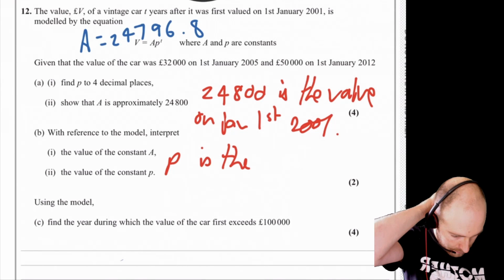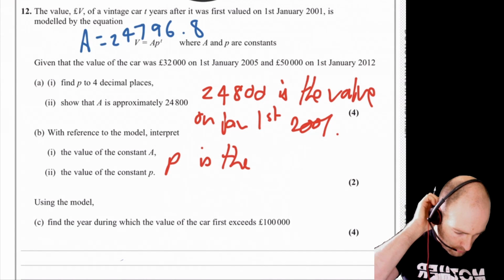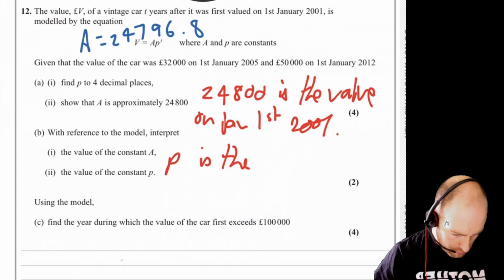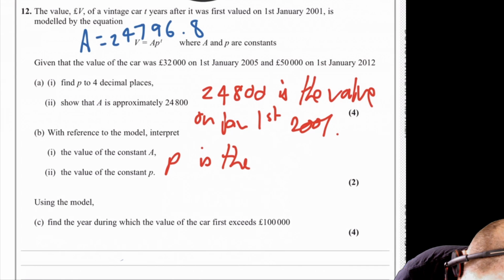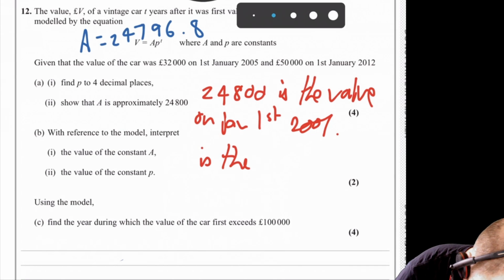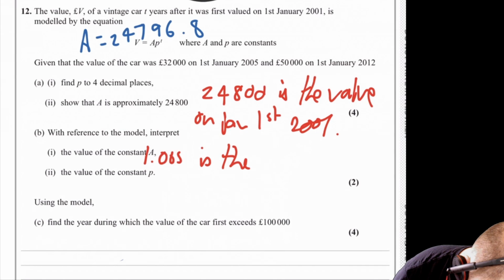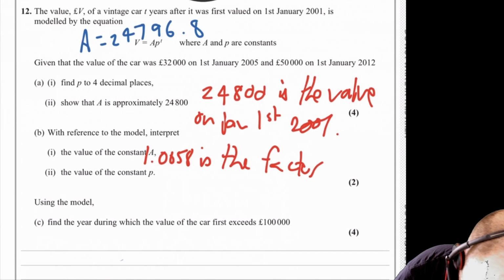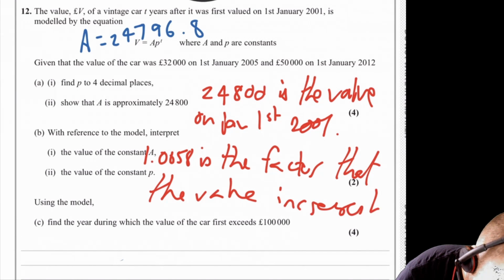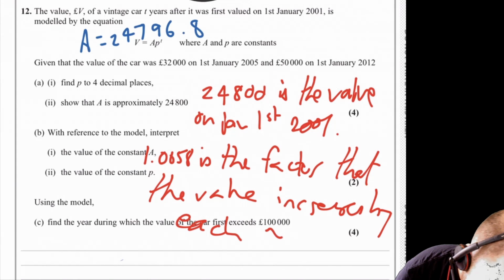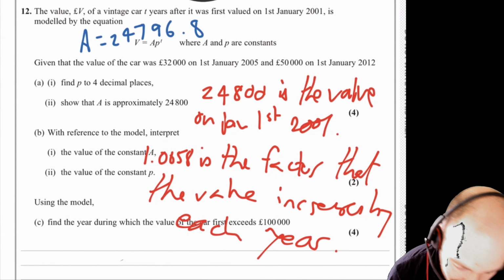What did we get? So 1.0658 is the factor that the value increases by each year. So in other words, it's the gradient.